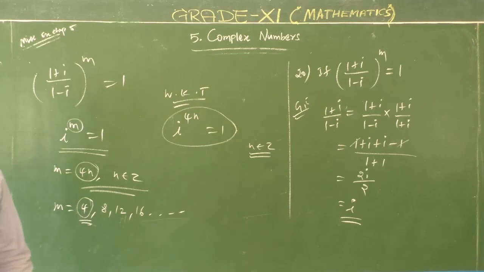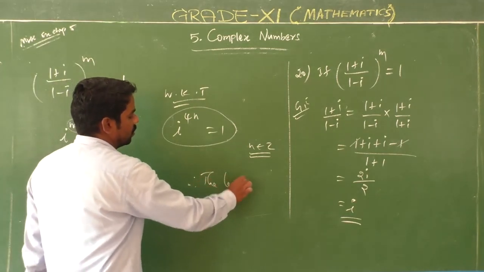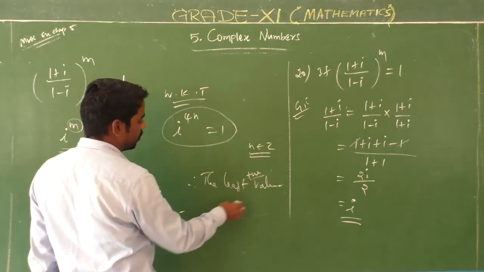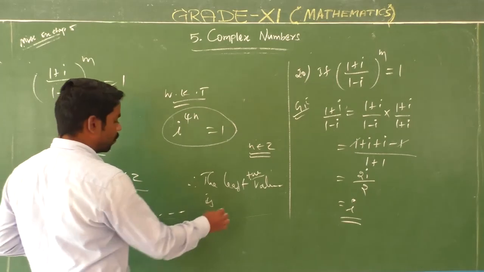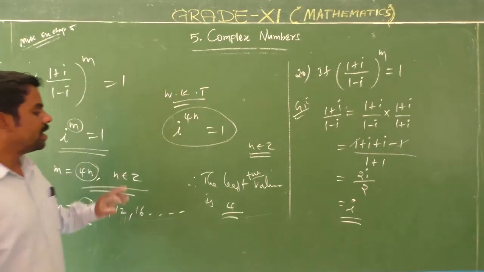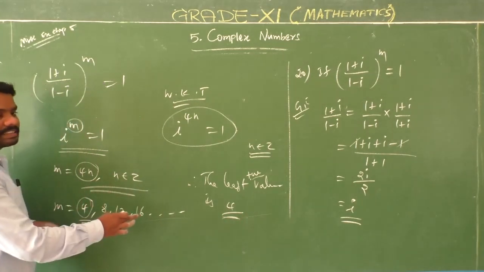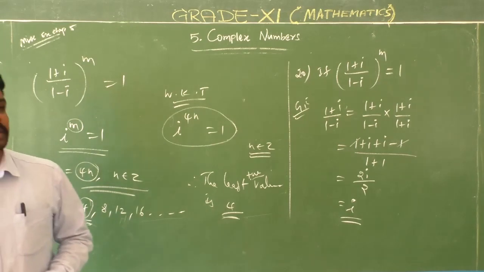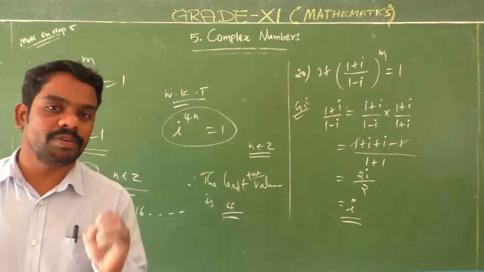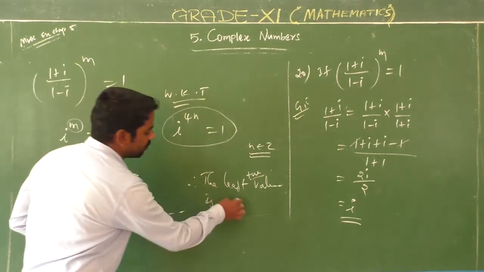The least positive value of m is equal to 4. All multiples of 4 are positive values, but here we need the least integral value of m, so the least value is only 4.